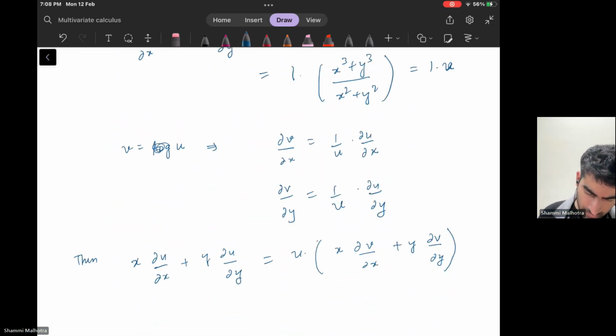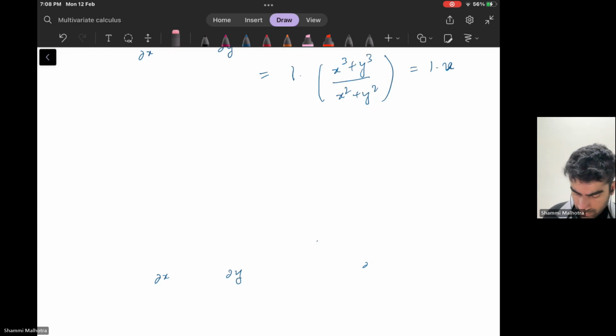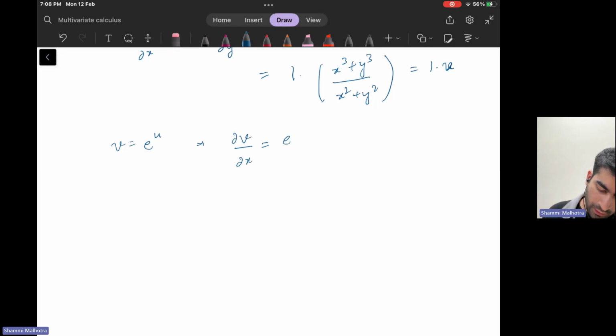So basically we have v equal to e raised to power u, and then this will imply that del v by del x would be e^u del u by del x, and then del v by del y is e^u del u by del y.